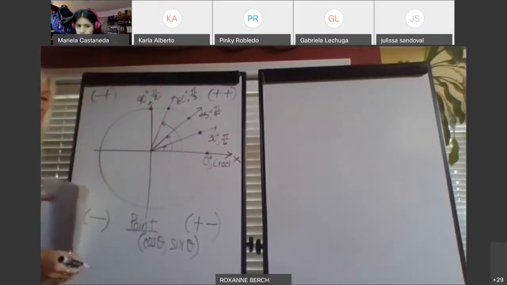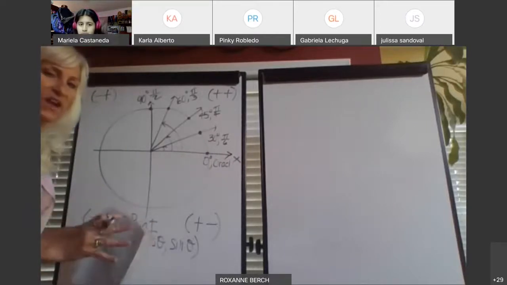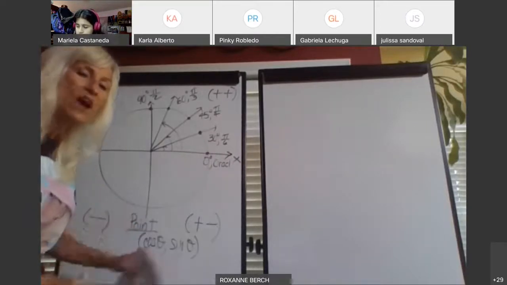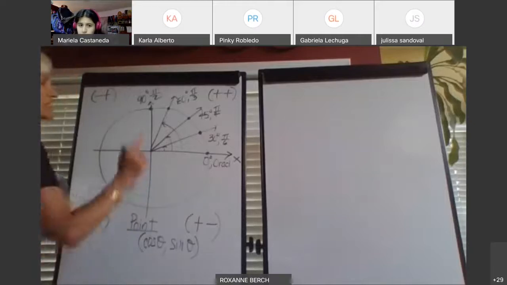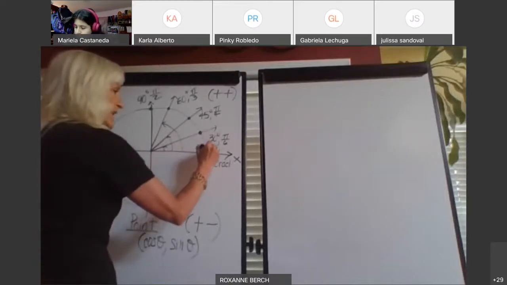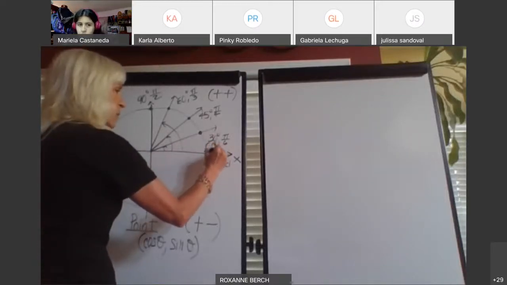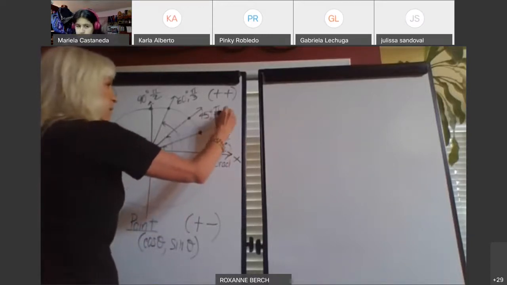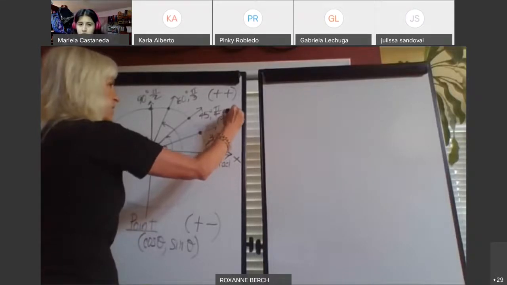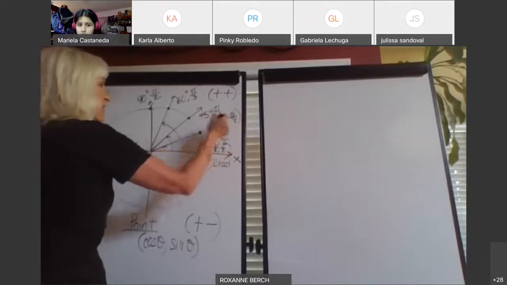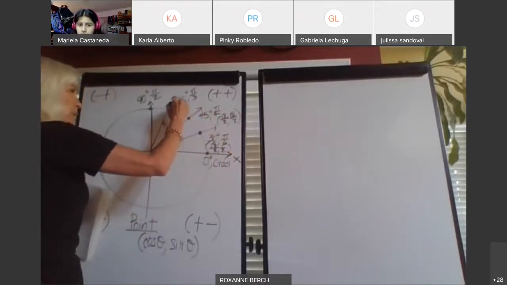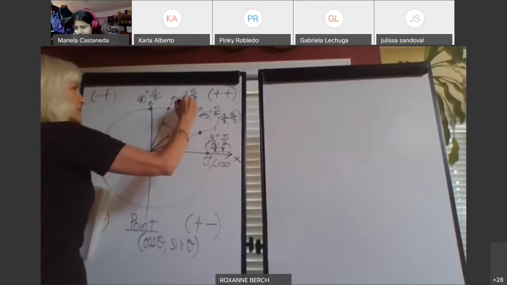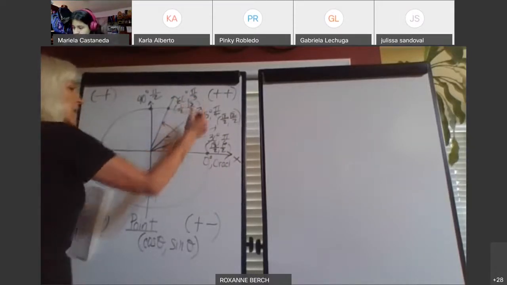So not only do you have angles, but the angles are associated to a point on the unit circle. This point would be radical 3 over 2 and 1/2. This point would be radical 2 over 2 and radical 2 over 2. And this point would be 1/2 and radical 3 over 2.